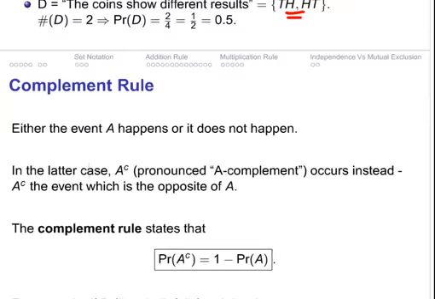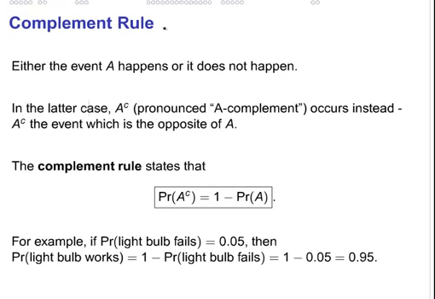So now, this is an important one: the complement rule. This is going to pop up all over the probability course. Either the event A happens or it does not happen. In the latter case, the complement of A, pronounced A complement, occurs instead.